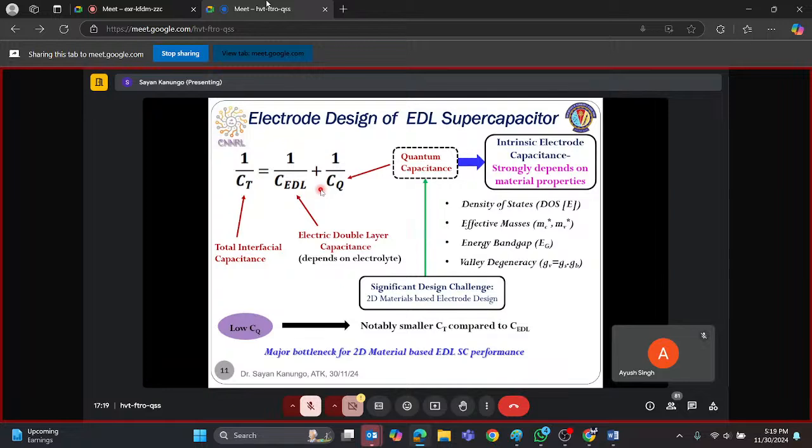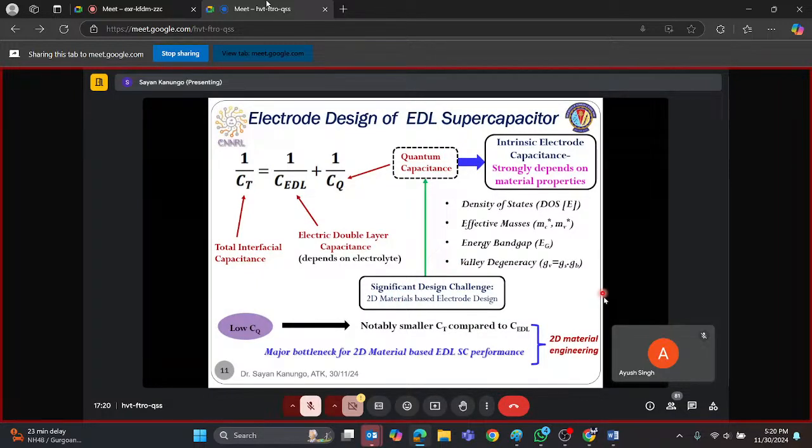So this major bottleneck in 2D material-based ideal supercapacitor design is basically stumbling the progress in this particular aspect, and one of the major thrust areas of research for 2D material-based ideal supercapacitor performance improvement is to apply suitable engineering strategies in the 2D material to improve their overall quantum capacitance without compromising their other favorable properties which are necessary for ideal supercapacitor application.